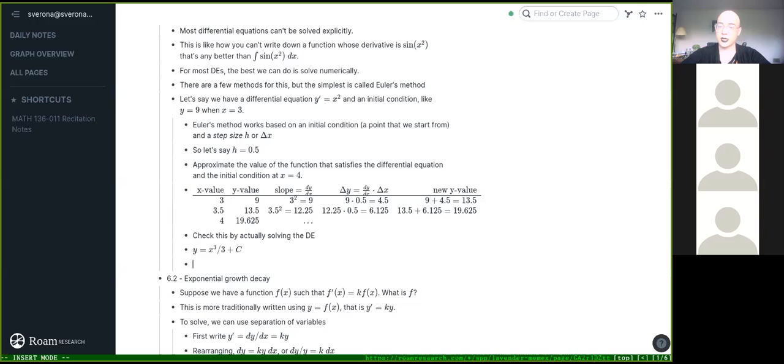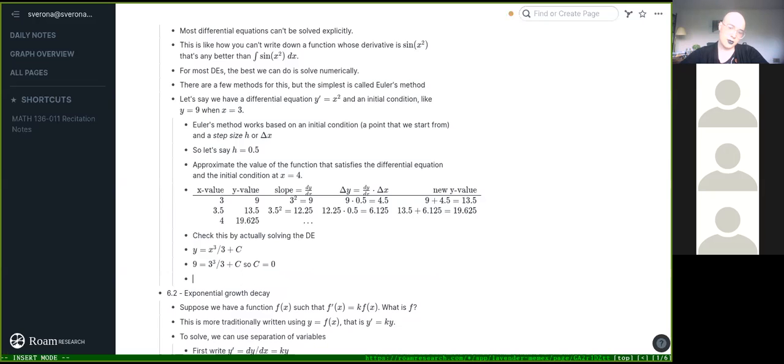To get my particular solution, I'm going to plug in the values I had. So I've got 9 equals 3 cubed over 3 plus c. And I'm just going to tell you that 3 cubed over 3 is 3 squared, which is 9. So c is 0. So my particular solution is just y equals x cubed over 3.